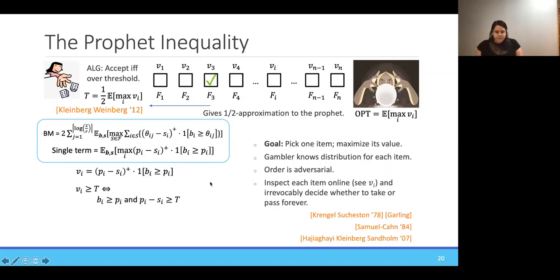And here's what I'm going to say. I'm going to map it by saying that Vi is greater than our threshold exactly when bi beats its price, this price pi, and pi minus si is larger than T. Okay, this threshold.